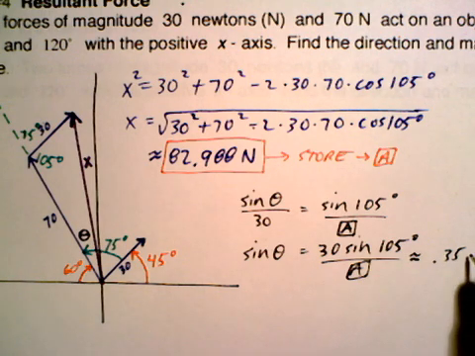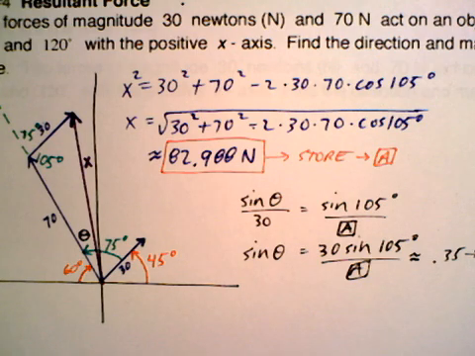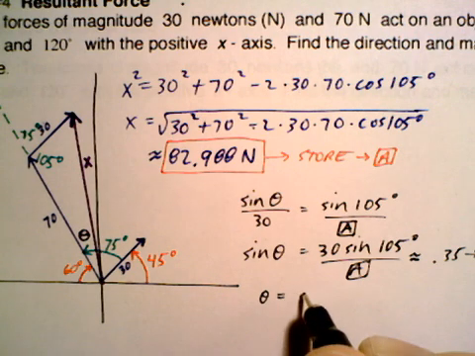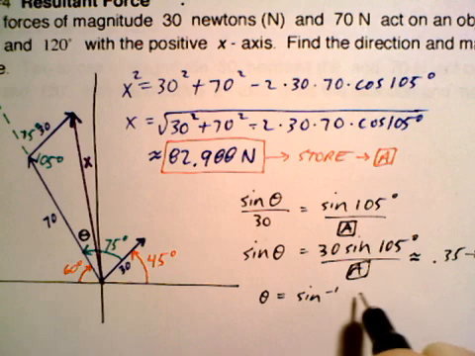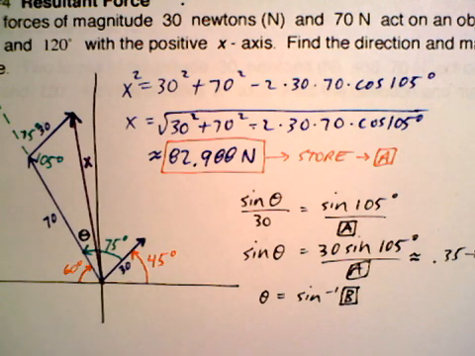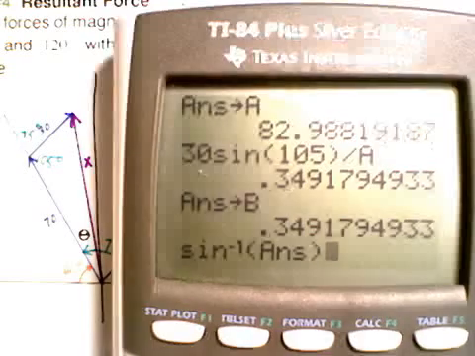I'm just going to write 0.35. But I'm going to store that also in alpha B. I don't really need to store it because I'm going to use it, but I'll store it anyway because I said I would. But the theta then is equal to the inverse sine of, that's good that I stored it, B right there. So the inverse sine of B. So we type in inverse sine, and if you still have it on your screen, just type in second answer, and it looks like that.